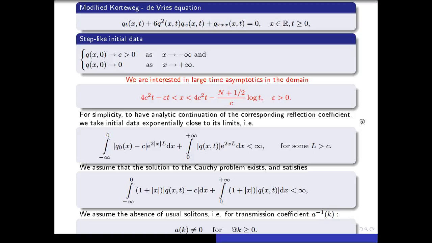Also, we suppose that the initial data tends to these background constants exponentially fast. This is a technical requirement which we impose in order to have analytic continuation of the reflection coefficient from the real line, from the corresponding continuous spectrum.